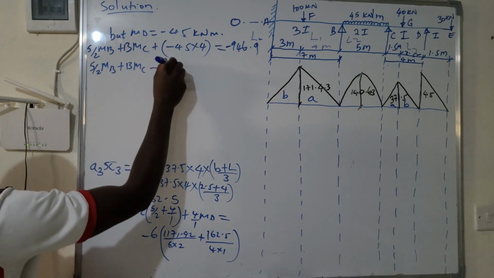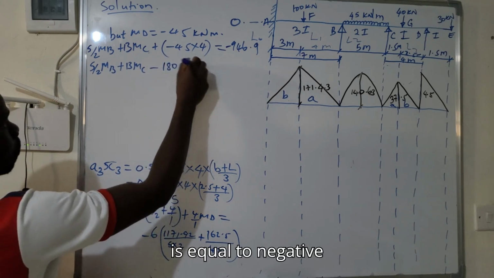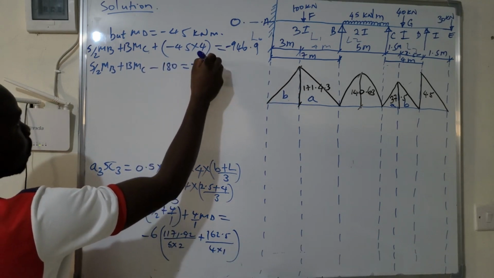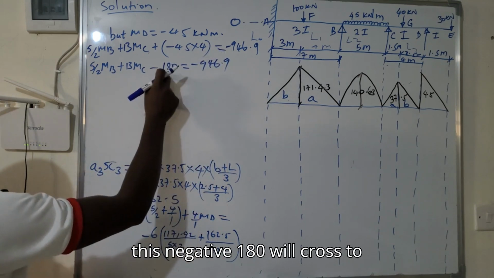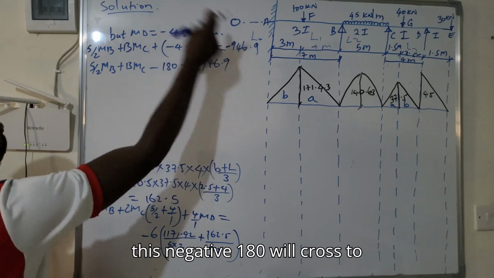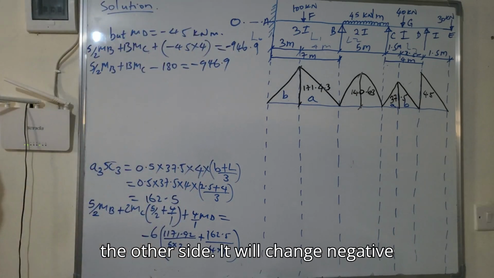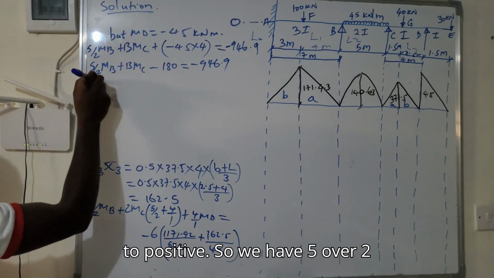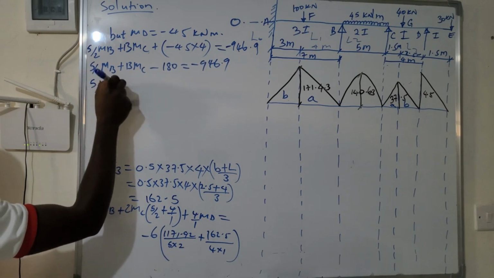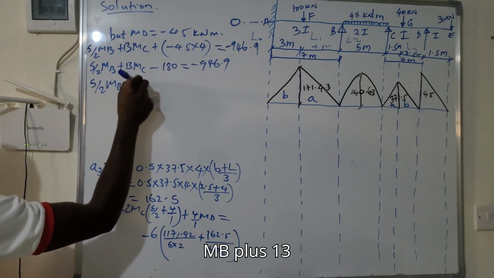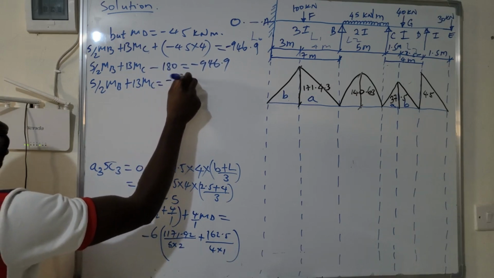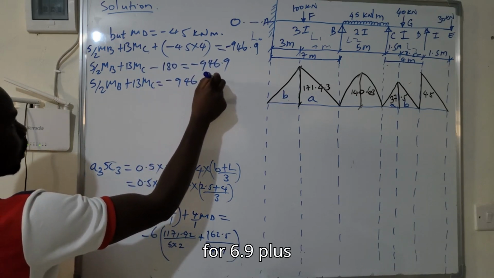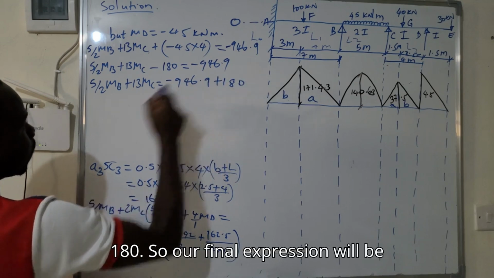Negative 180 is equal to negative 946.9. So this negative 180 will cross to the other side. It will change negative to positive. So we will have 5 over 2 MB plus 13 MC should give you negative 946.9 plus 180.